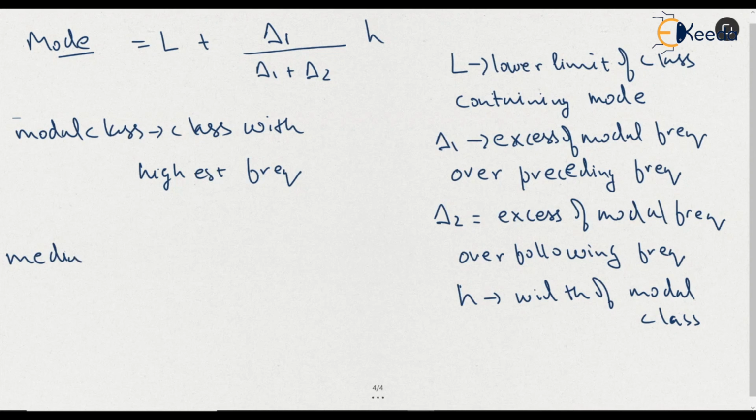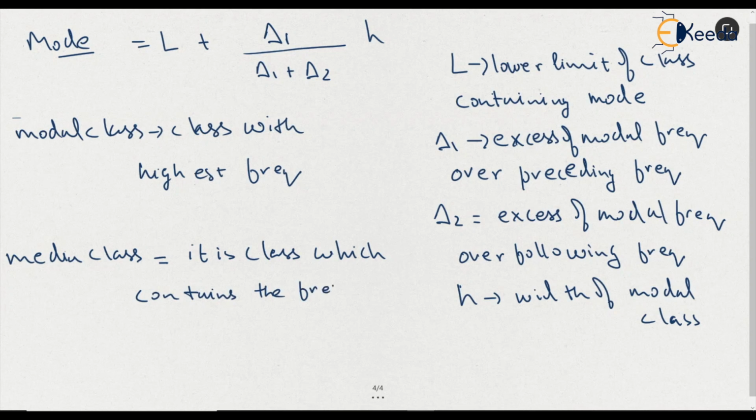Median class is the class which contains the cumulative frequency of f by 2. So f is the overall frequency. We'll see the example and it will be very clear.